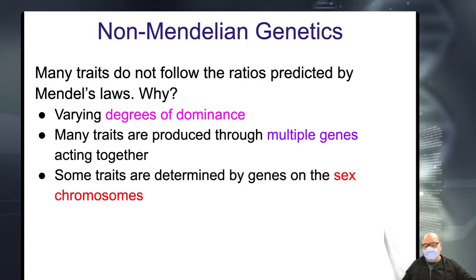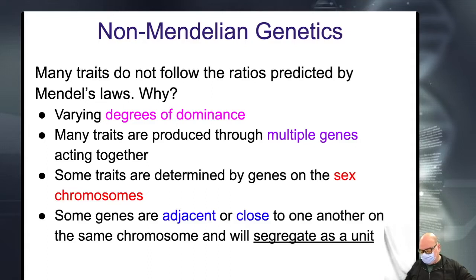Okay, some traits are on the sex chromosomes, so we don't really follow Mendelian genetics for those. We'll get into those very specifically. And almost finally, some genes are so close to one another that they segregate as a unit.